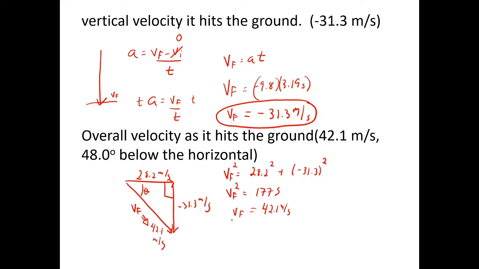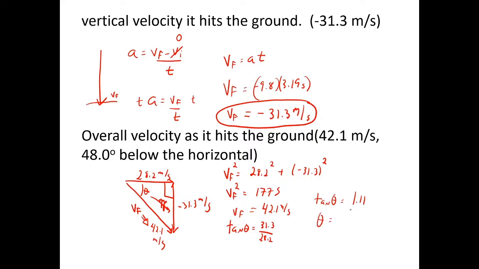Now to get the angle, we'll use tangent. Tangent is opposite over adjacent. So the opposite side is 31.3. The adjacent is 28.2. And that's just some number. It's a little bit more than 1. So the tangent of theta is 1.11.